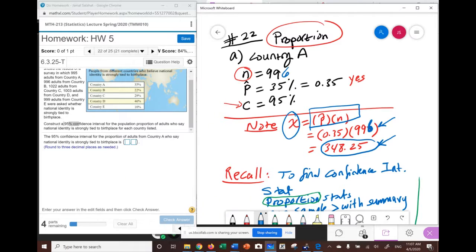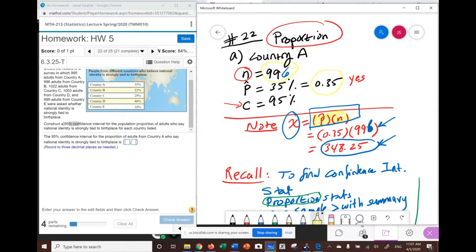X is the number of successes, or number of yeses. Remember, they gave us the percentage of yeses, not the number of yeses. To find the number, you always multiply. This is the rule: we always multiply p hat times n. In this case, p hat is 0.35 and n is 996.